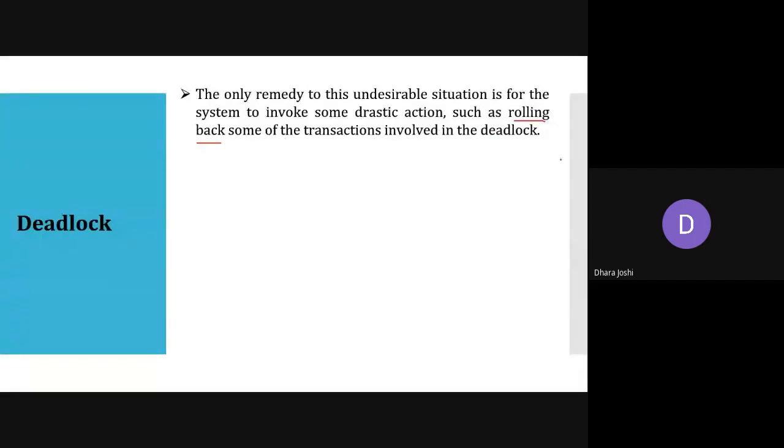Like previously, as we have seen, we are talking about just two transactions here, T1 and T2. T1 is having A and is waiting for B. T2 is having B and waiting for A. Suppose here I say like T2 needs to be rolled back.